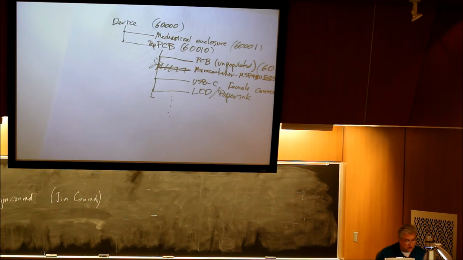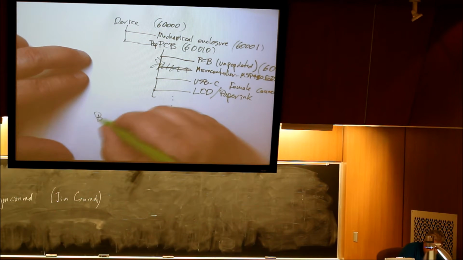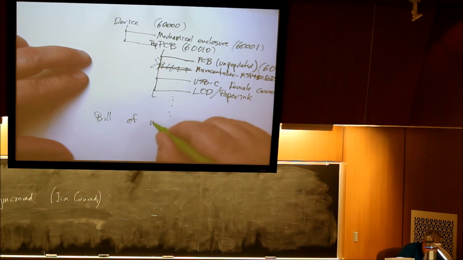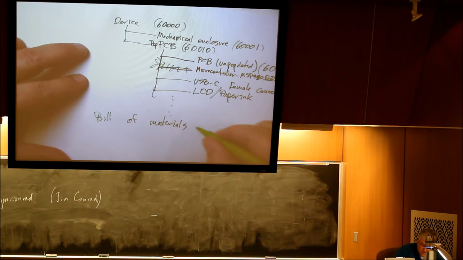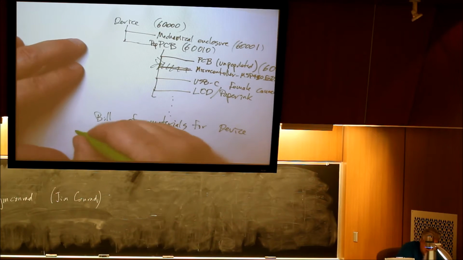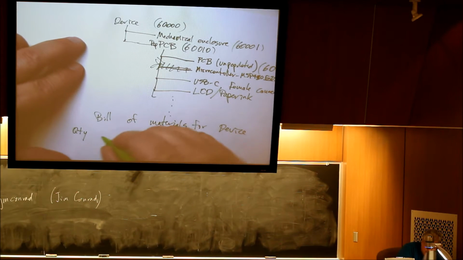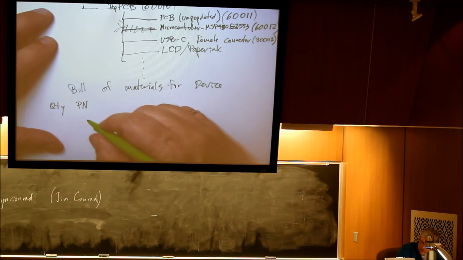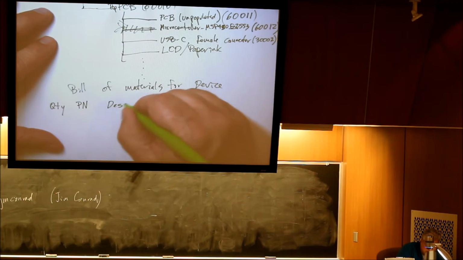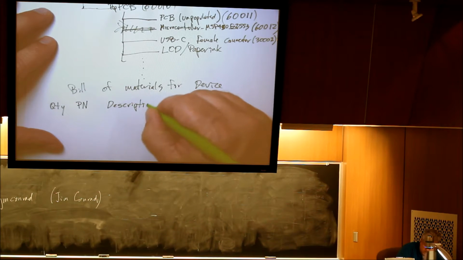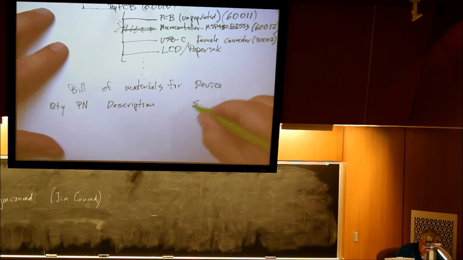And when you would do your bill of material for device, again, you're going to have the quantity, your part number, your description, your source, and your part number.